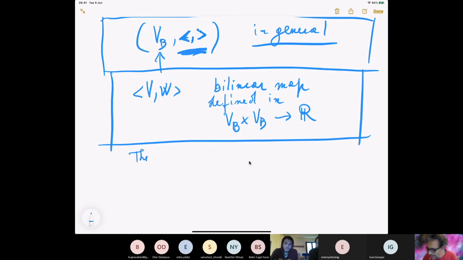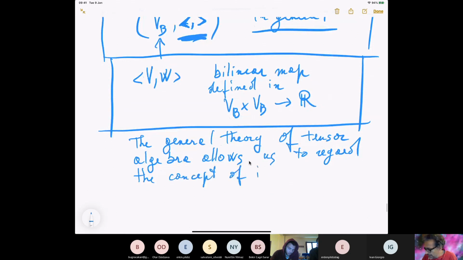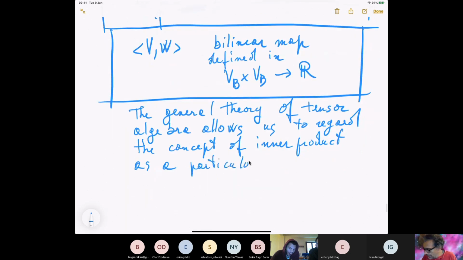The general theory of tensor algebra allows us to regard the concept of inner product as a particular tensor.